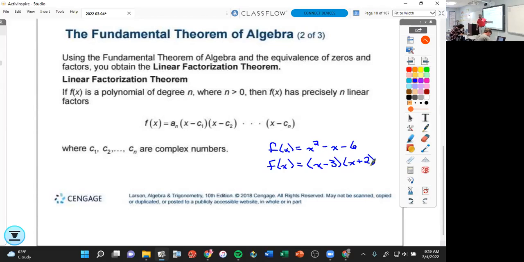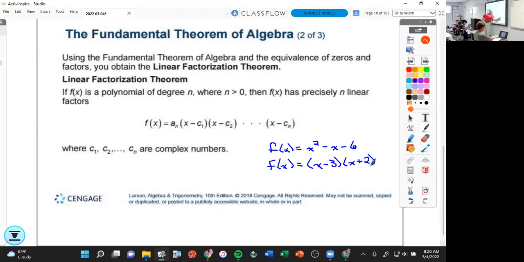What is my a sub n in the example I just gave you? What is this number in the very front here? A 1. So my two complex solutions, though they're real, what are the two solutions? What solution comes out of x minus 3? The solution is 3. What solution comes out of x plus 2? -2. So that's what this is showing. This particular polynomial had second degree, which means this second degree polynomial has exactly 2 factors.